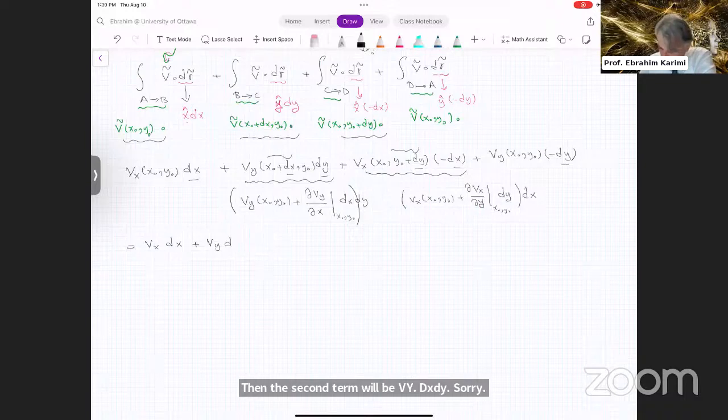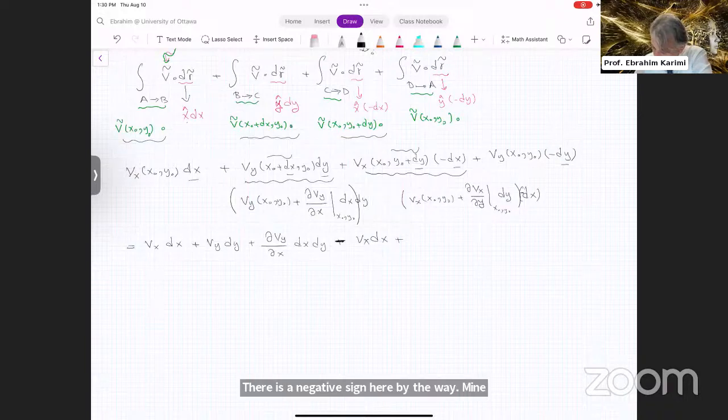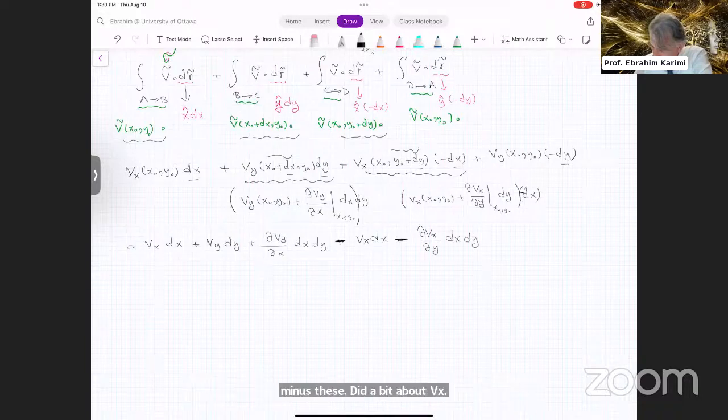Vy dy. Then I have the derivative of vy with respect to x, dx dy, plus vx dx, plus, there is a negative sign here by the way, minus the derivative of vx with respect to y, dx dy, and finally I have minus vy dy.